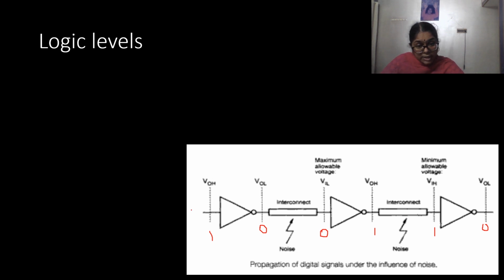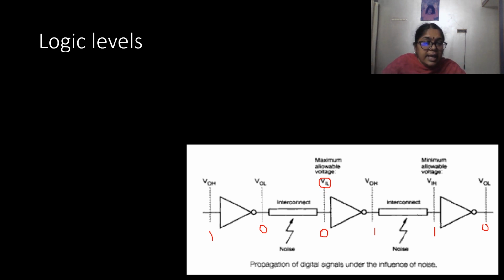So whatever voltage VIL I am going to get after VOL is transmitted through the interconnect, that voltage will be the maximum allowable voltage that is considered as logic 0.